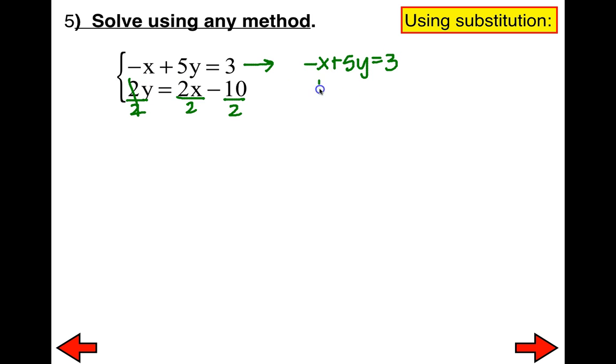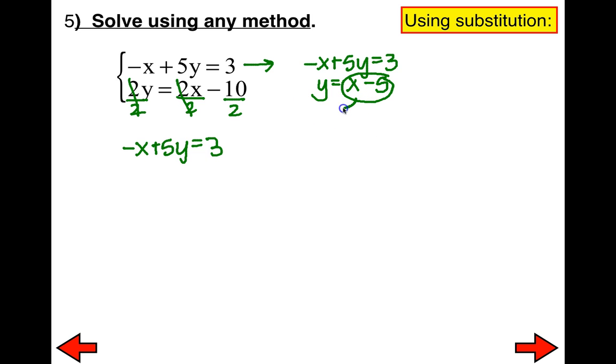This will cancel out, leaving me with y equals, let's see, that's going to be an x, and this is going to be a minus 5. So now what I could do is go ahead and take this value and substitute it in for y. So let me go ahead and write this down here. Negative x plus 5y equals 3.